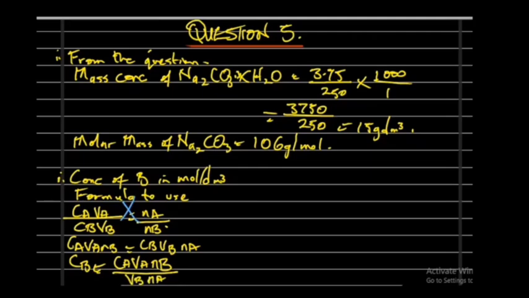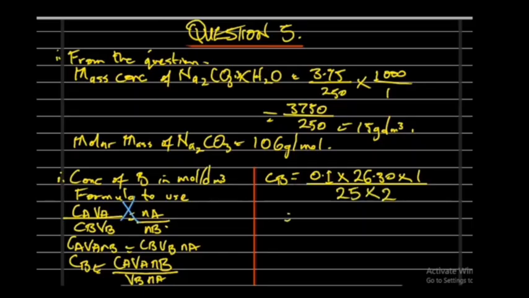So having done this now, we have this here. So CB equals 0.1 from the question, 0.1 times 26.30, which is what we are using for our average volume of acid used, divided by the volume of base, which is 25, times the number of moles of acid, which is 2.